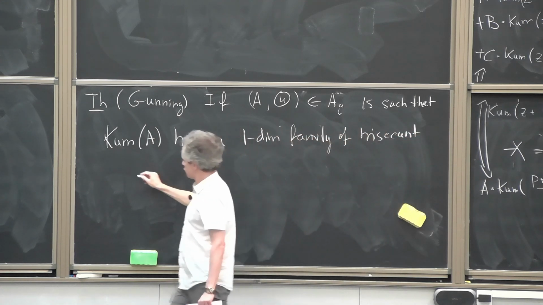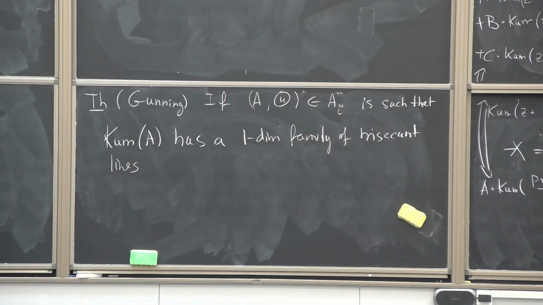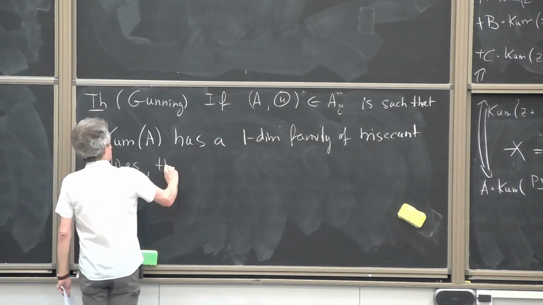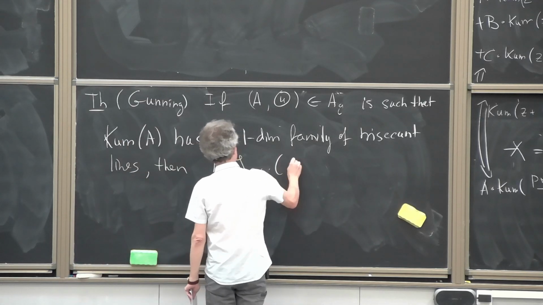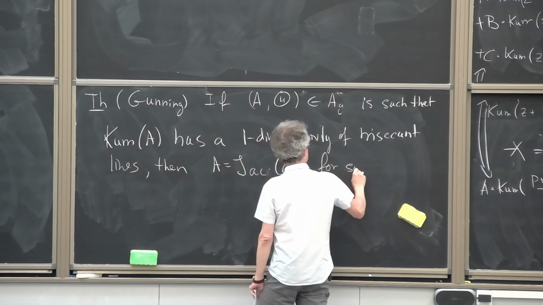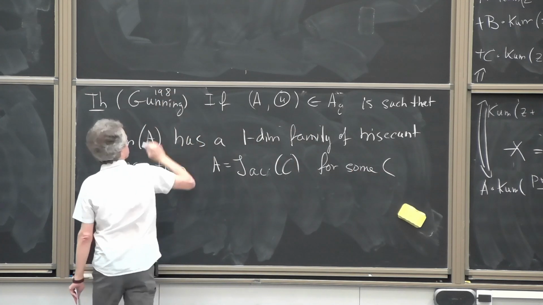I'll write this theorem more formally tomorrow or the day after. So basically, I want the trisecant lines all to be obtained from this by just varying the point P, and everything else is fixed. So the trisecant lines are all translates of each other. Then A is a Jacobian for some curve C. This is in the early 1980s, maybe 1981.